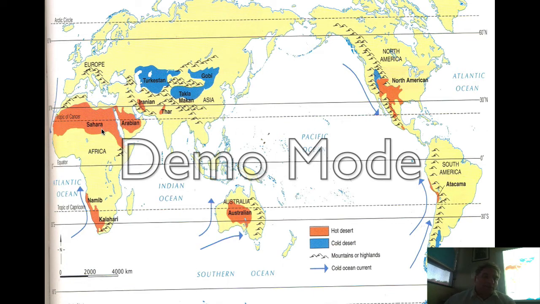Whereas these areas are dominated by high pressure systems because the hot air rises, it cools, moves out to the sides, and drops down at the tropics of Cancer and Capricorn, and so if air's dropping, it can't condense, and you don't get any clouds forming and no precipitation.